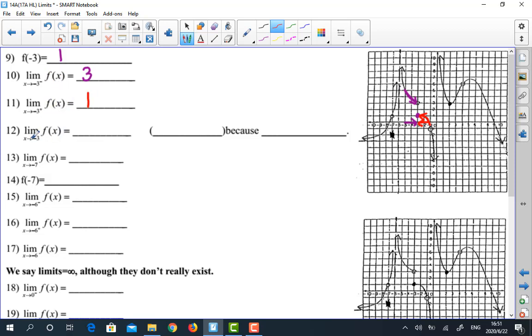Therefore, limit f of x when x approaches negative 3 does not exist. DNE is the acronym of does not exist. The limit does not exist because the left-hand limit is not equal to the right-hand limit.